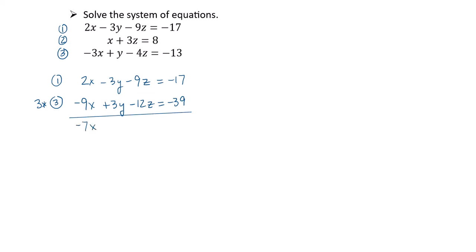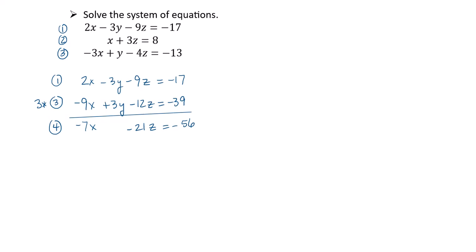I get a negative 7x, my y's cancel out as planned, and a negative 21z, which equals a negative 56. That's equation 4. Now, normally we'd have to do that again and eliminate a variable, but we already see equation 2 is missing variable y already.